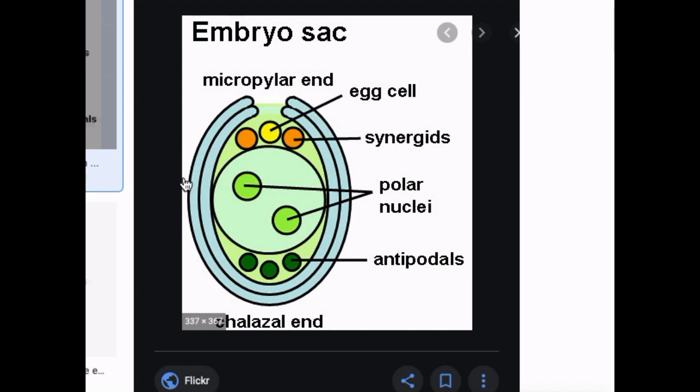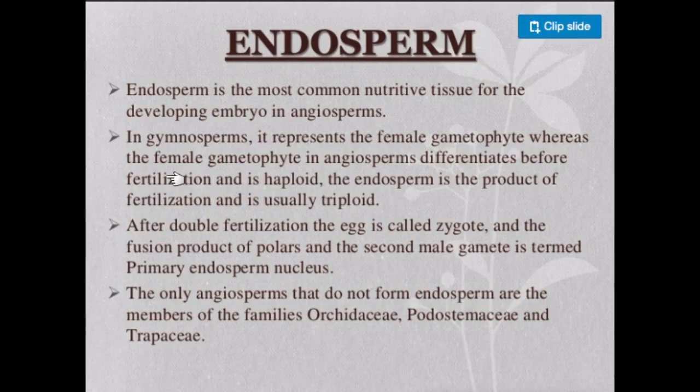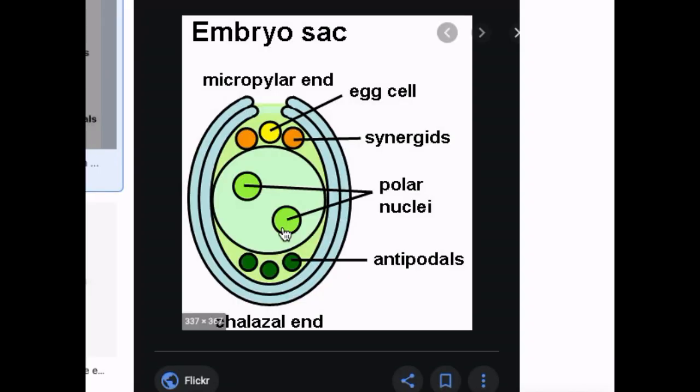So eventually this embryo sac will form the seed. Okay, so here what it is saying is that the endosperm is the product of fertilization and is usually triploid, like I showed you here.